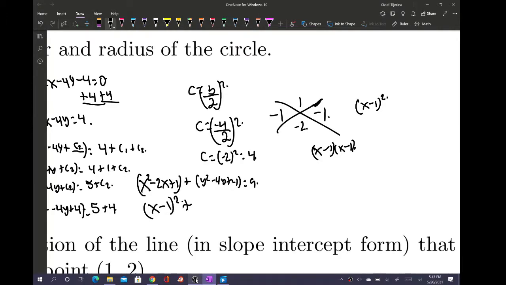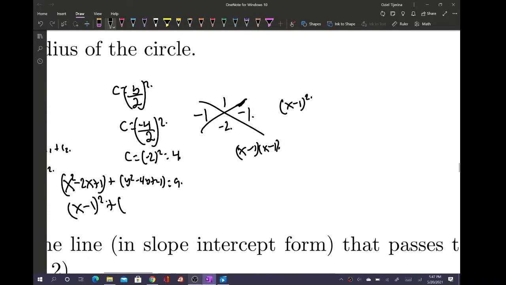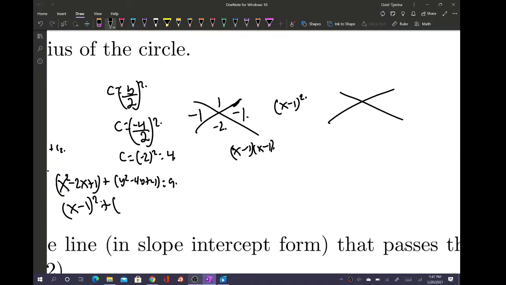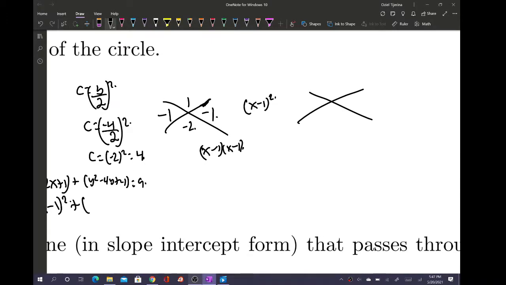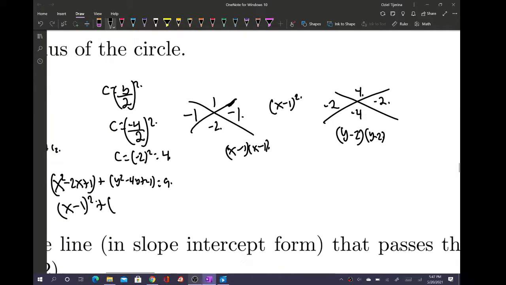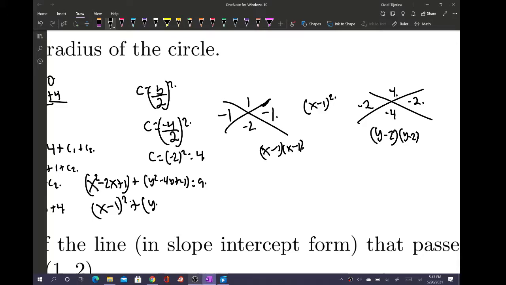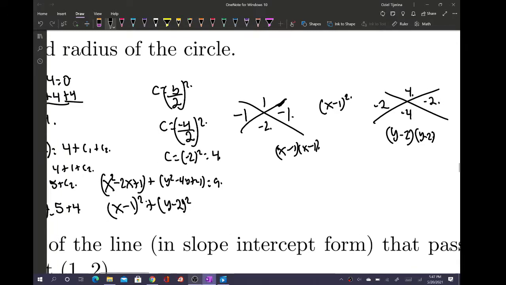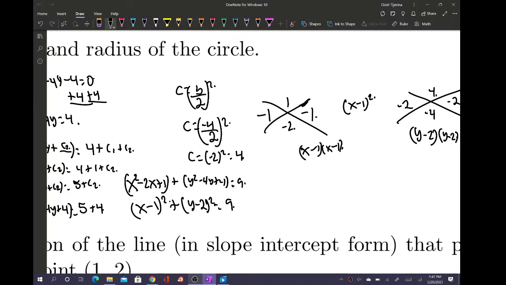Then we do the same thing for the y value. 1 times 4 is 4, and then we have negative 4, so two numbers that multiply to 4 and add to negative 4 are negative 2 and negative 2. So it would be y minus 2 times y minus 2, so y minus 2 quantity squared equals 9.